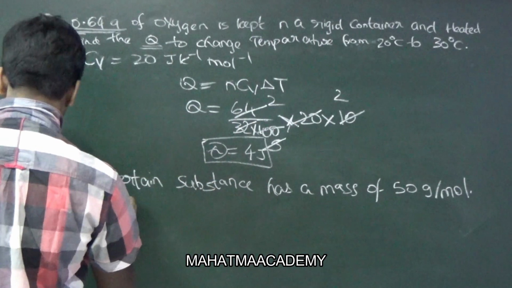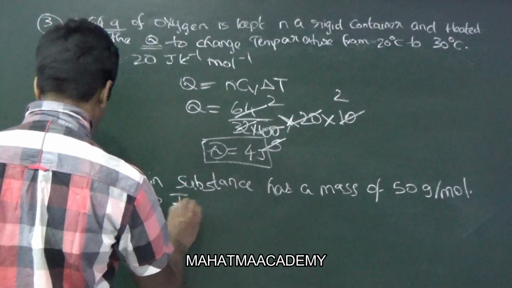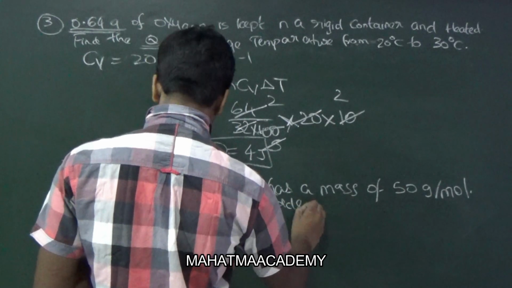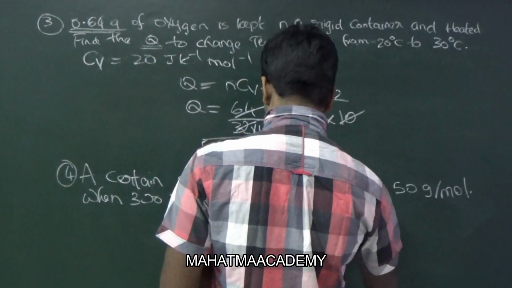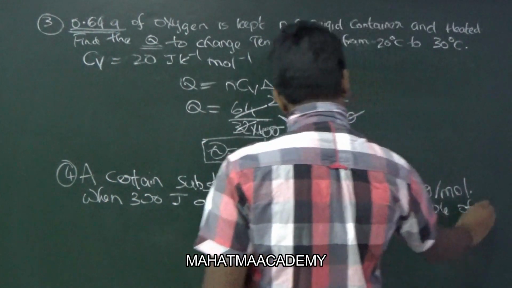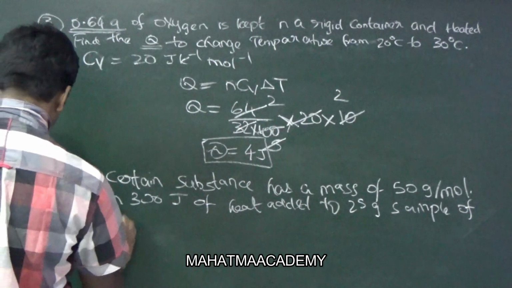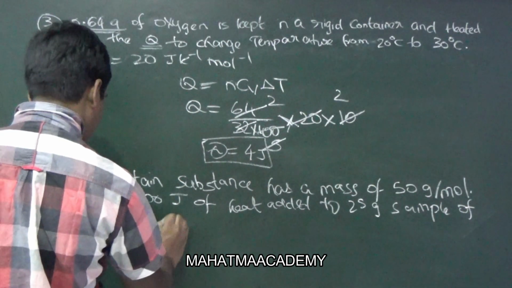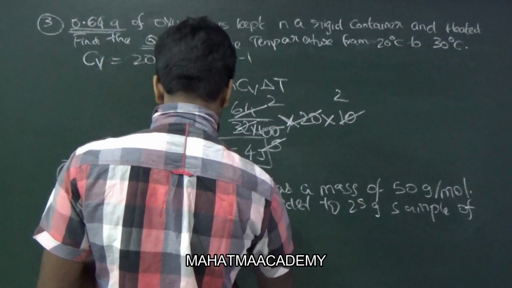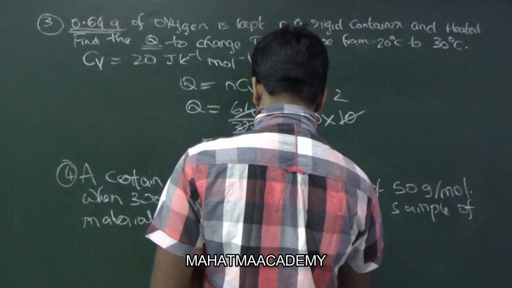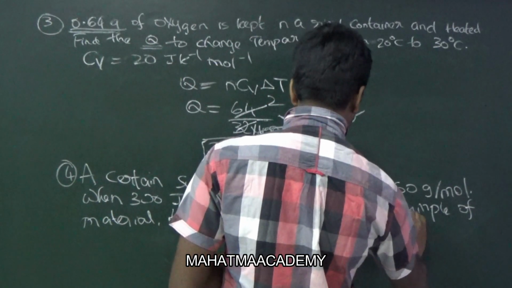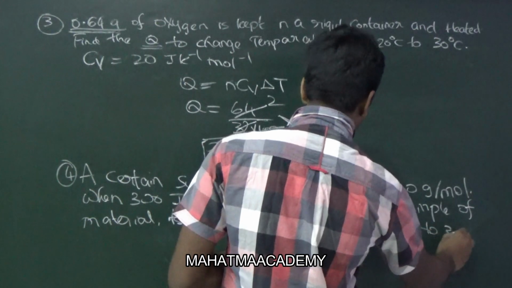When 300 joules of heat is added to a 25 gram sample of the material, its temperature rises from 25 degrees Celsius to 30 degrees Celsius.